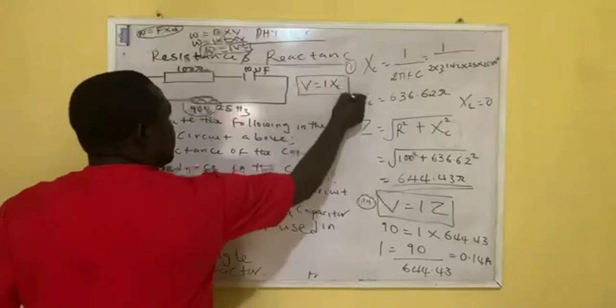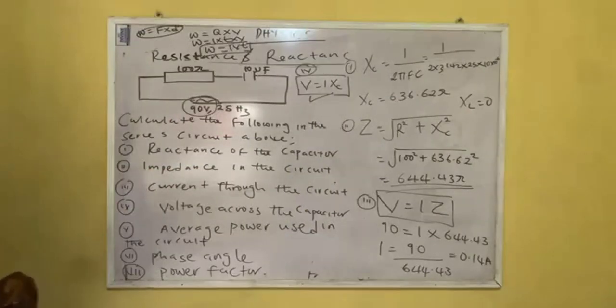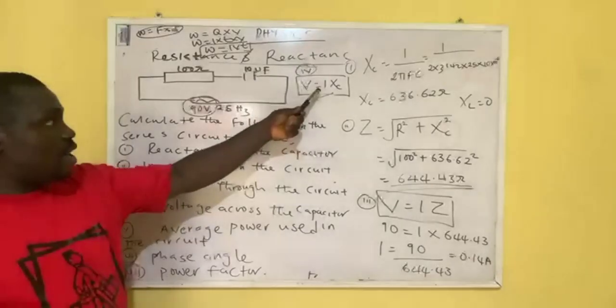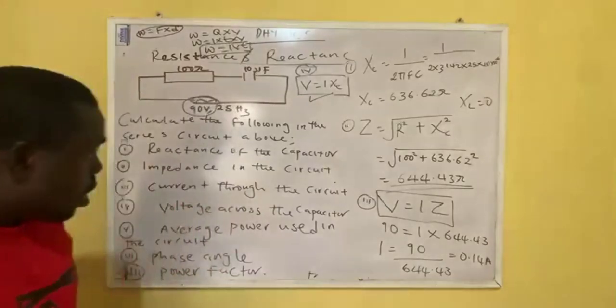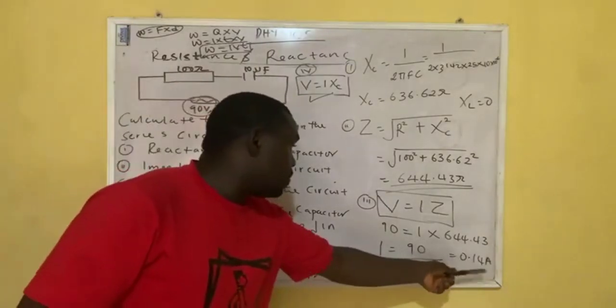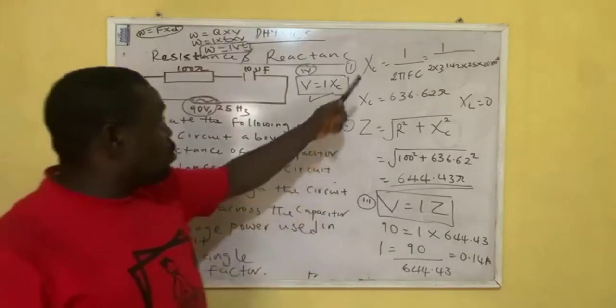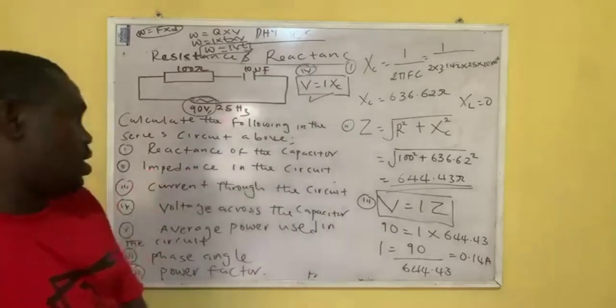That's the formula for Roman figure 4, so you can do that yourself. You multiply the current that you have known by XC, then you get the voltage across.